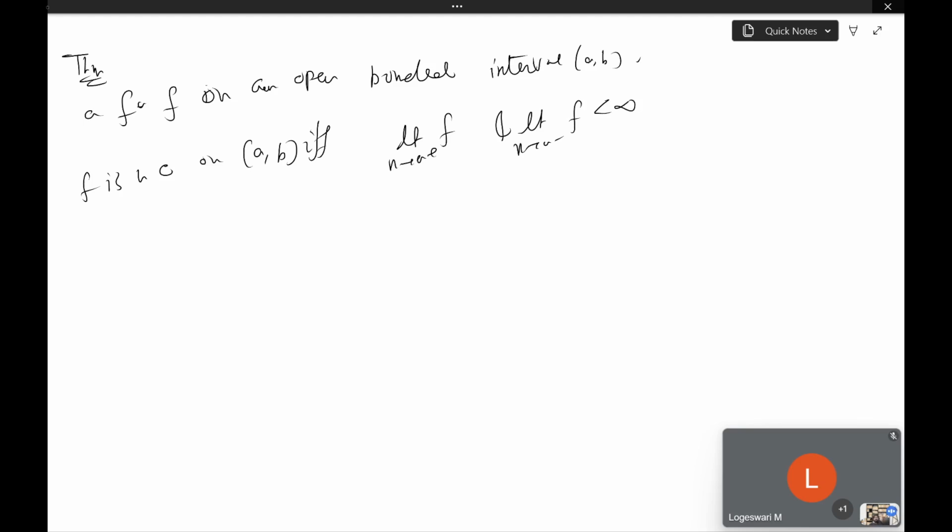So this one tells that if a function is given on an open interval, then it will be uniformly continuous there if the limiting values at both ends are finite. This is a theorem. Now how to use it?